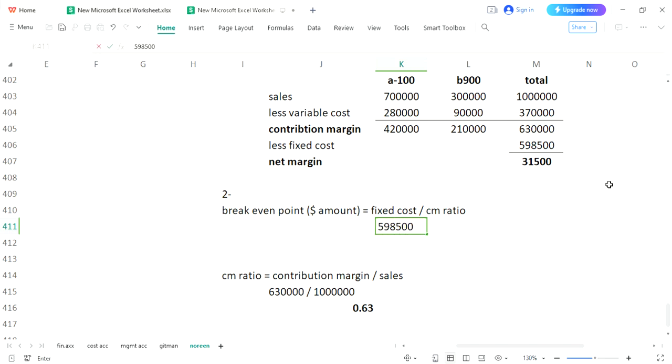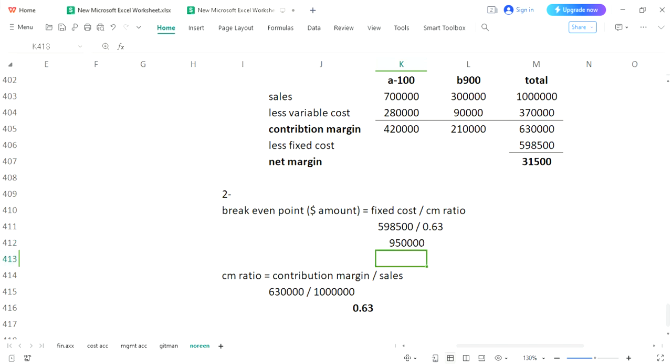Fixed cost is going to be divided by CM ratio. CM ratio we have calculated over here, 0.63. Now calculate your answer, 598,500, divided by 0.63.